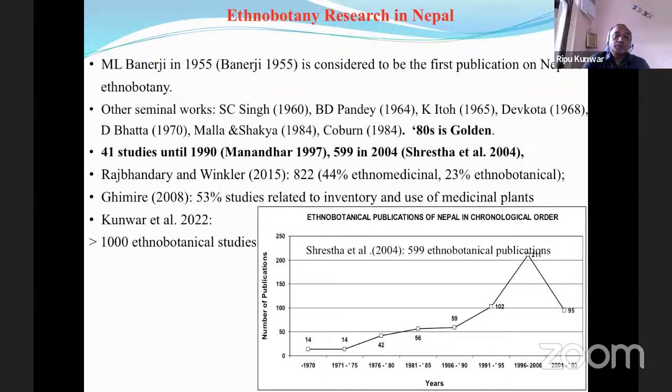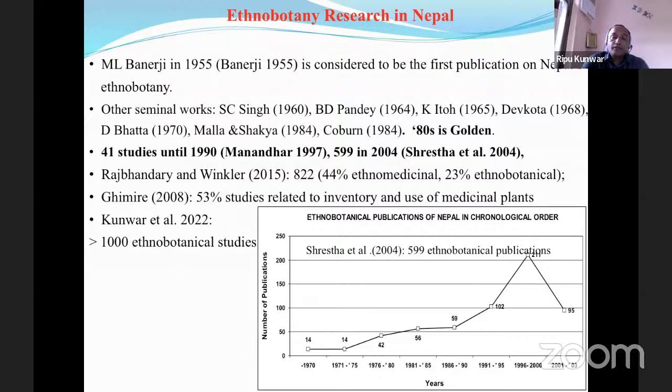And according to Dr. Khemere 2008, 53% of research was related to the inventory and use of medicinal plants. And then we had data, and we recently published one, with over 1,000 ethnobotanical studies. I will present these findings in a forthcoming slide.